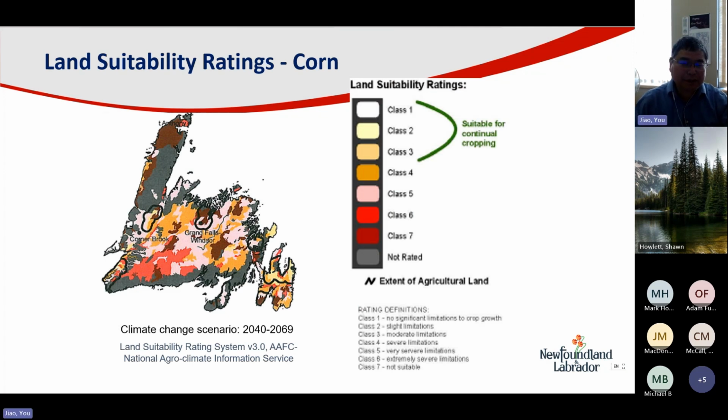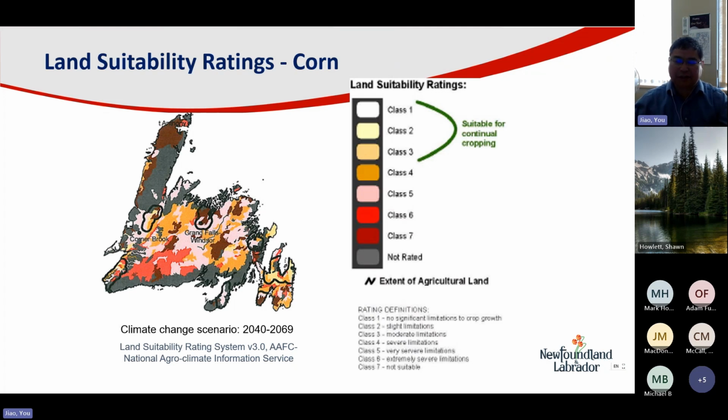There's the land suitability rating. That's for the climate change scenario for the 2040s to 2069. So basically, we are looking at whether or not the land, after 30 years, changes. We know a lot about the climate change.